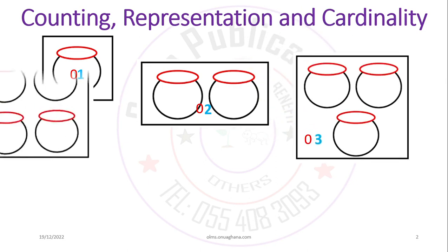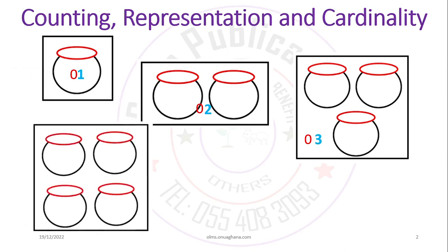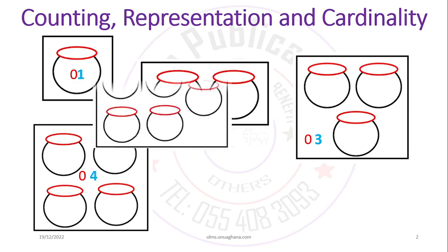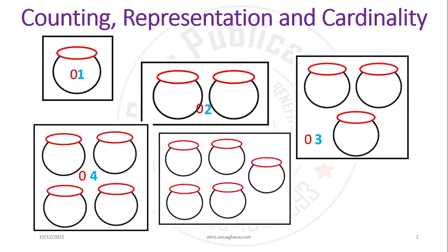Again, how many groups of 10 can we get from this? 0. And what is the remainder? 4. Next, how many groups of 10 can we get out of this? 0 groups of 10. What is the remainder? It's 5.